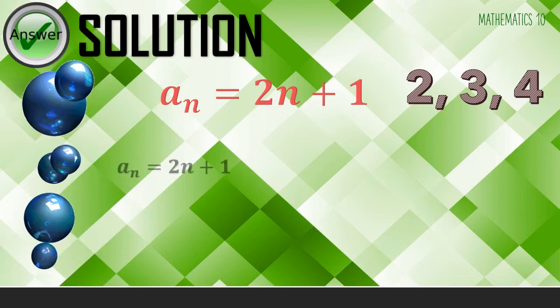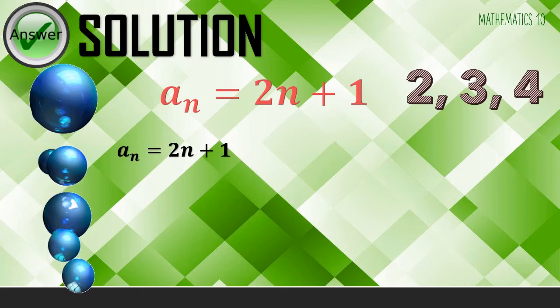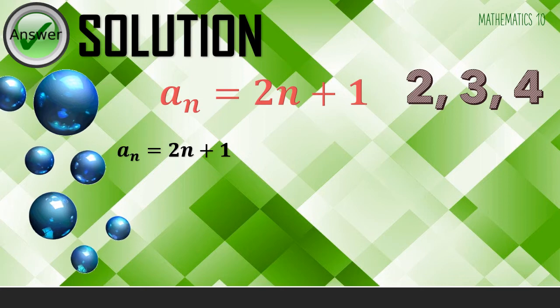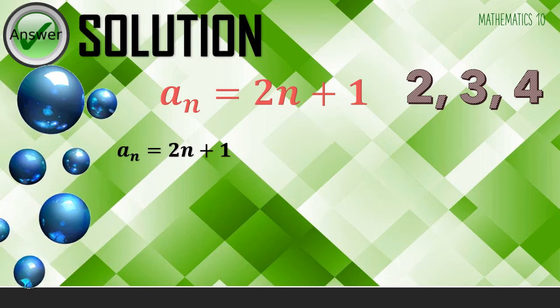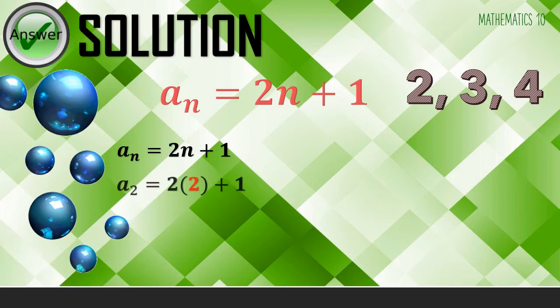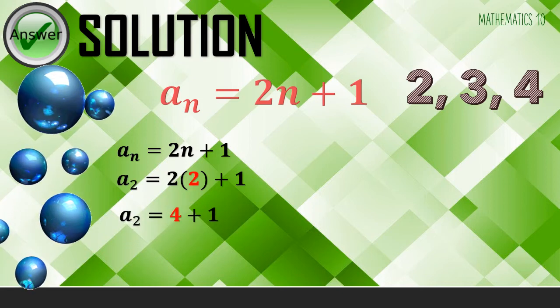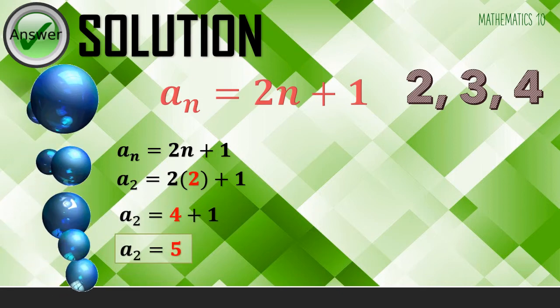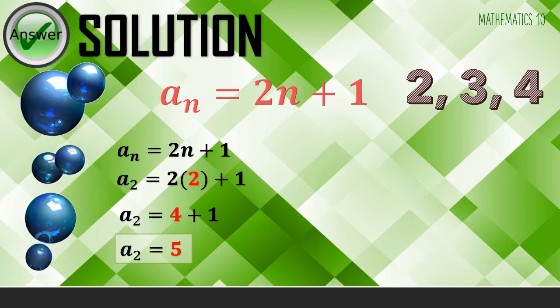Substituting, we'll have a sub n equals 2n plus 1, the given general term. So you simply substitute 2 here for n. So we have 2 times 2 plus 1, which is 4 plus 1, a sub 2 equals 5.